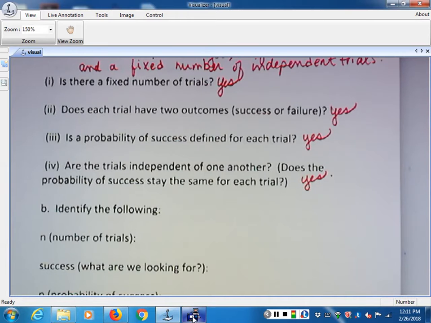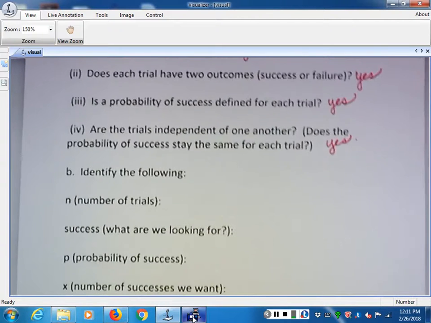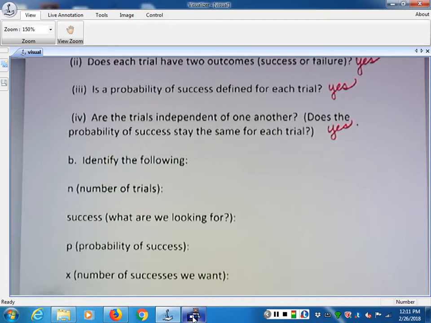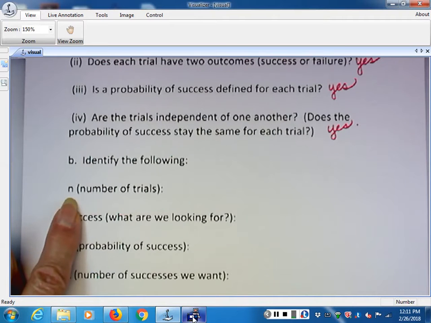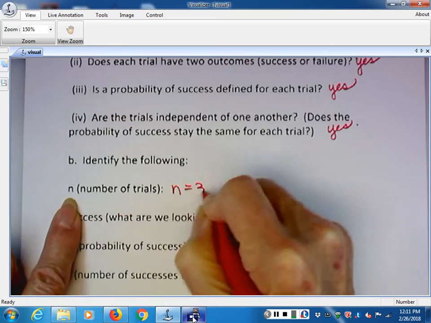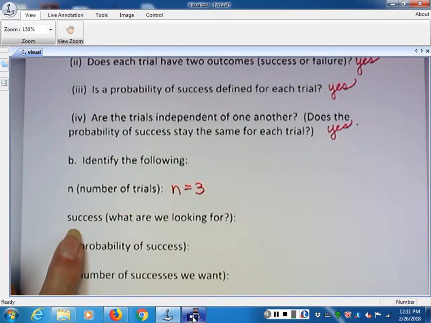Once you've determined that it is, then you can start identifying the values of your variables. The number of trials. How many times is he going to kick the ball? 3 times. What are we counting as success? He makes the kick, right?